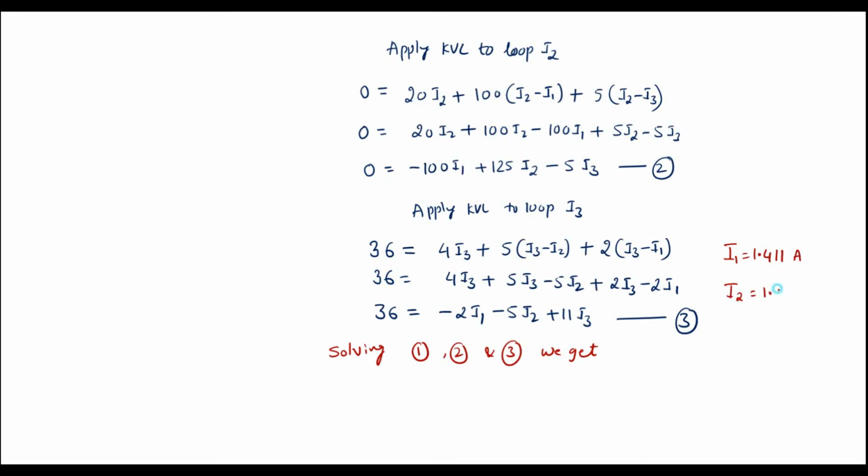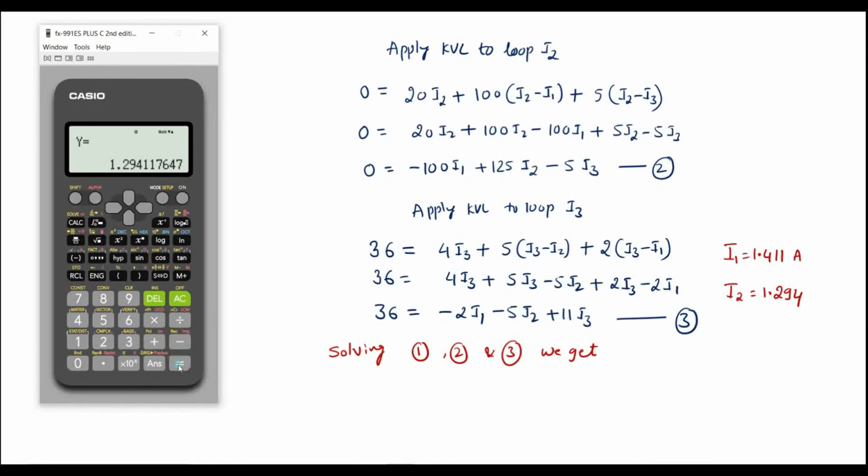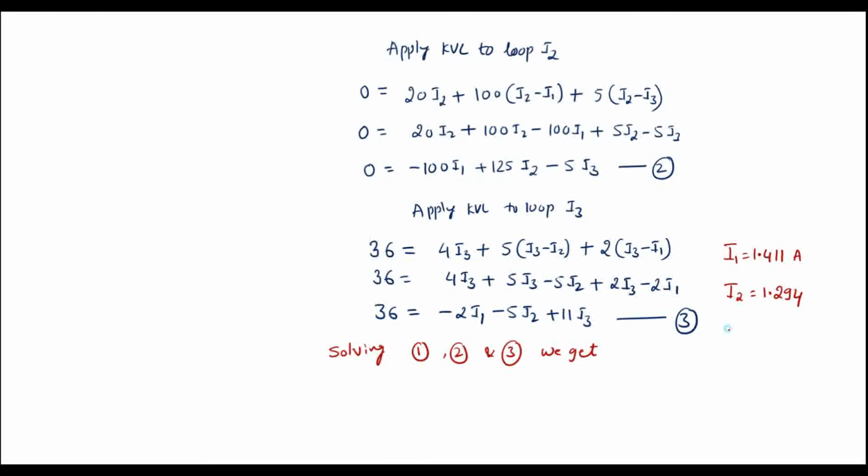I2 is 1.294. Then we have I3. Press equal. So I3 is 4.117.